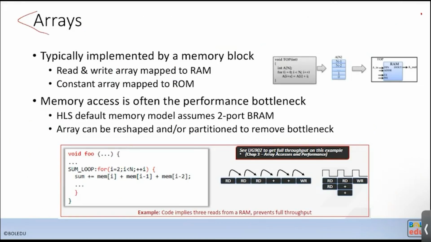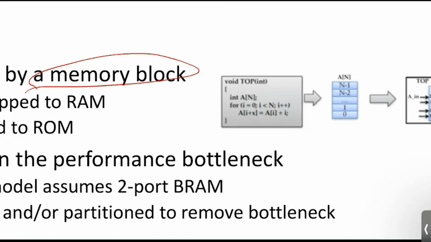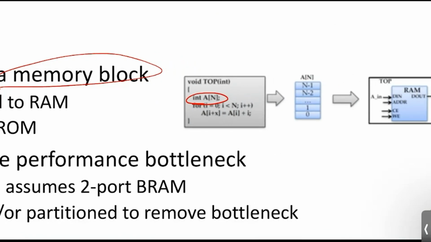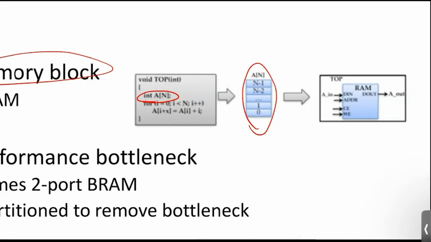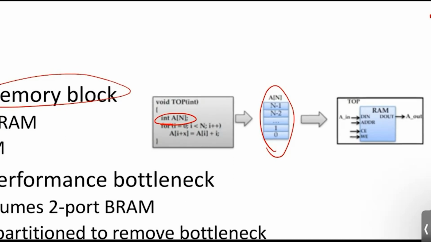Okay, arrays are a very important part. Typically, if you declare an array, it will be implemented by a memory block, for example like this code. You declare an array, and it will be allocated with a RAM.